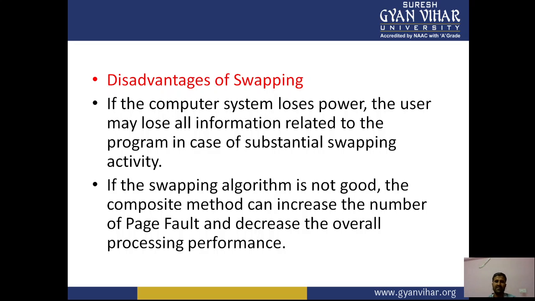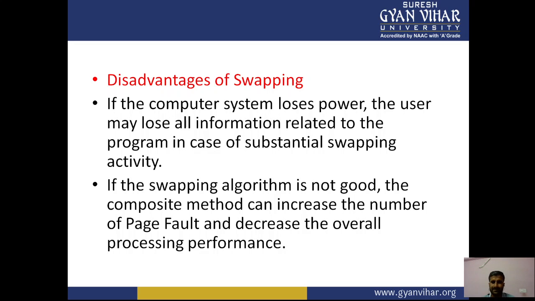If we are using an algorithm that is not good enough for multiprogramming, it can create multiple page faults. A page fault occurs when the CPU wants to execute a process and requests it from the main memory, but the process is not available there, so the main memory requests it from the secondary memory.